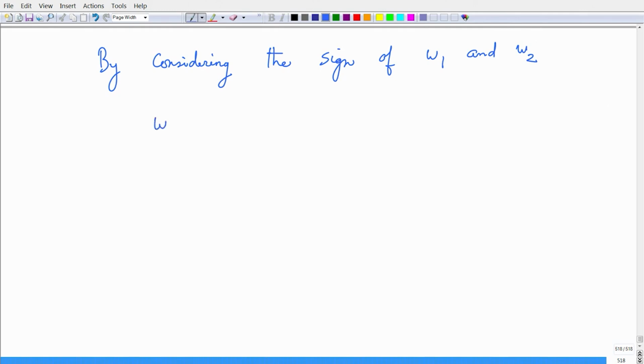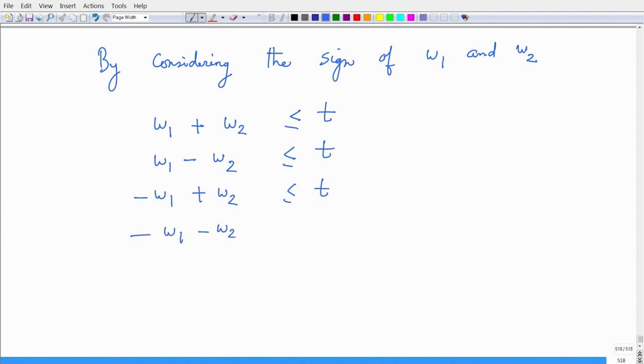We have W1 plus W2 is less than or equal to t. I can have W1 minus W2 is less than or equal to t, minus W1 plus W2 is less than or equal to t, and minus W1 minus W2 is less than or equal to t. And this is sort of my set of constraints.